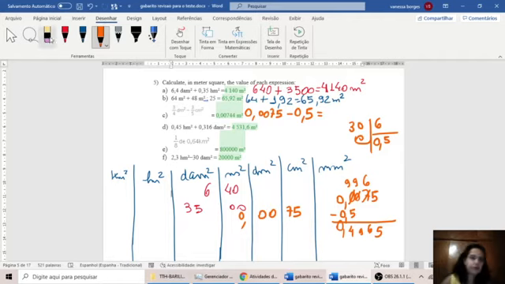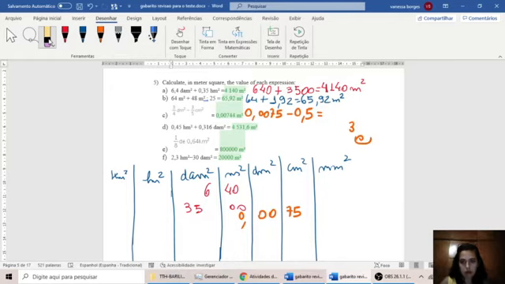Then let's move on. We have 0.45 hectometer square. So 0.45 hectometer square. To change to meter square is like this, and I erase this 0 and this comma. So I have 4,500 meters square plus 0.316 decameter square.